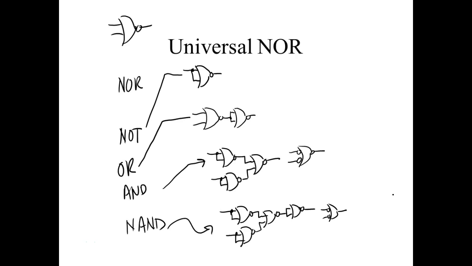So even in lab, I would like you to be able to do that. Instead of adding another IC, if you need an inverter and you've got a NAND or a NOR, you could just make one real easy, right?